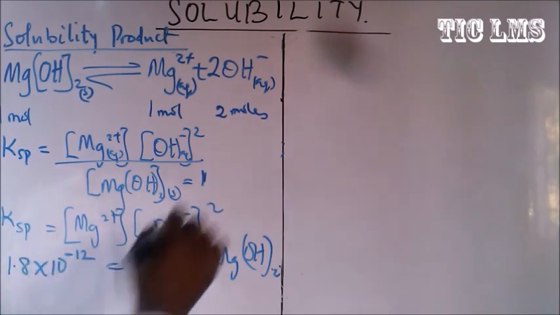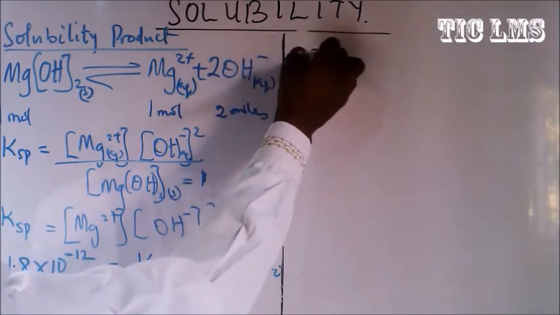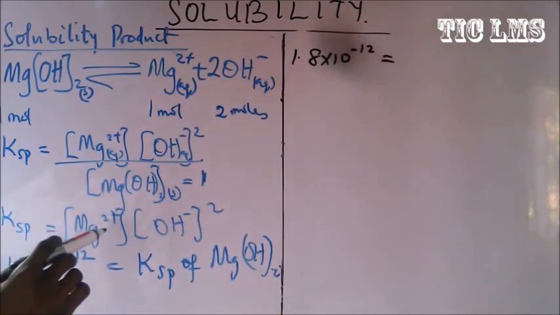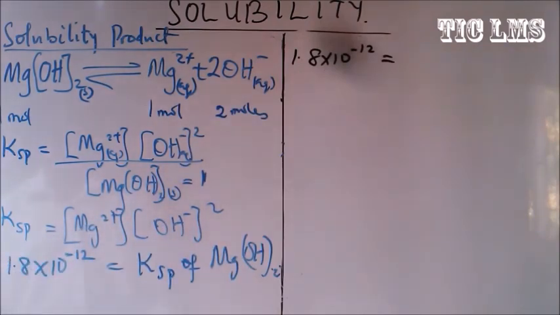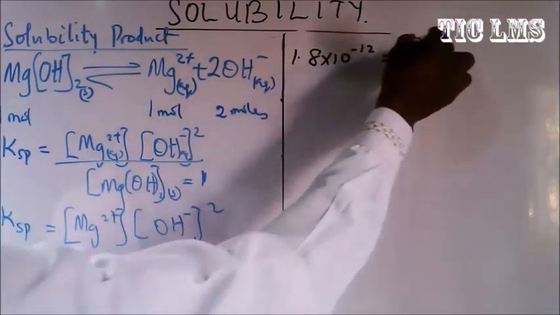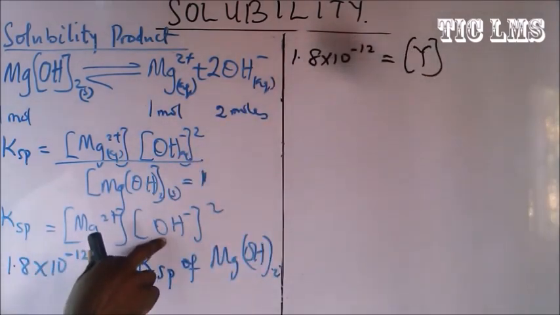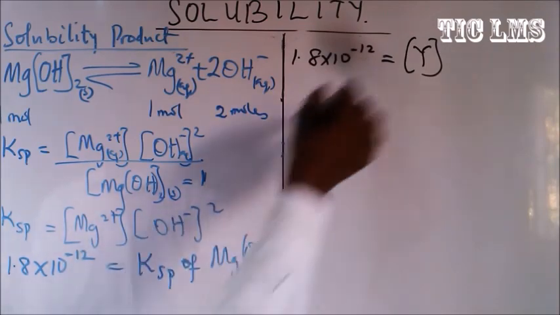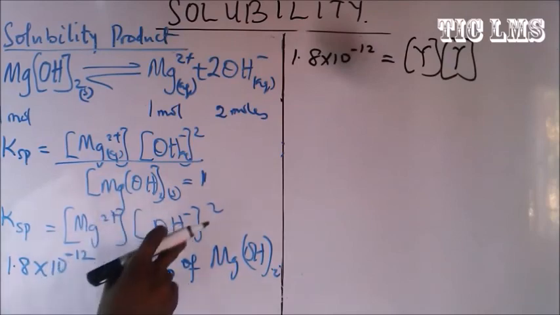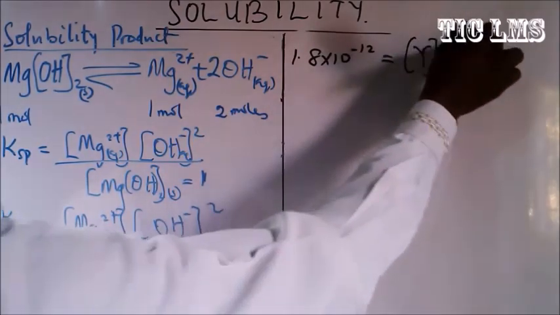We will now say that 1.8 times 10 to the power minus 12 is equal to, let us represent all this with a variable, let's say y, and then let's represent this also with a variable, just that it will be squared, which is also y, since they will be the same thing, just that this one is squared.